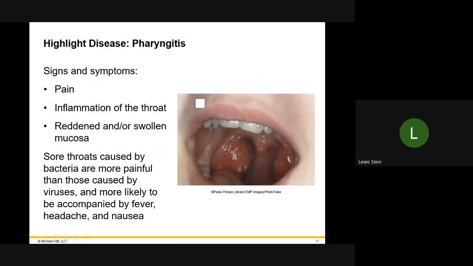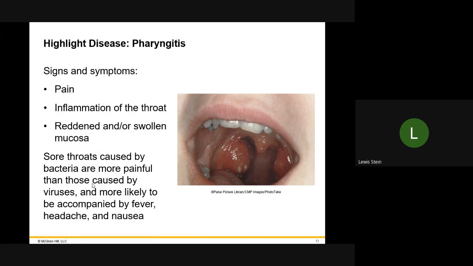There you are. Good old pharyngitis, sore throat. That's all it means. If it says streptococcus pharyngitis, it doesn't mean it's strep throat. Pain, inflamed, reddened, or swollen. Bacteria typically are much more problematic.